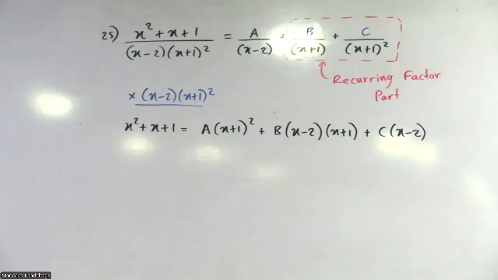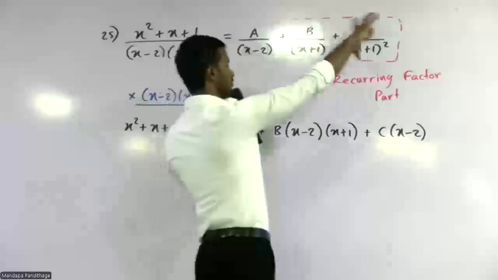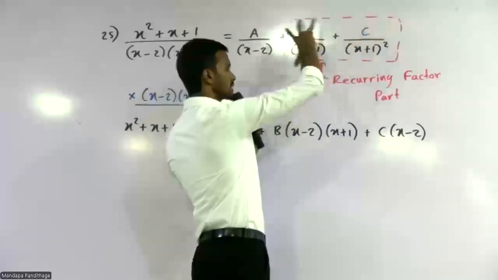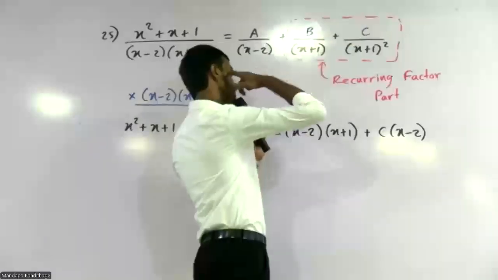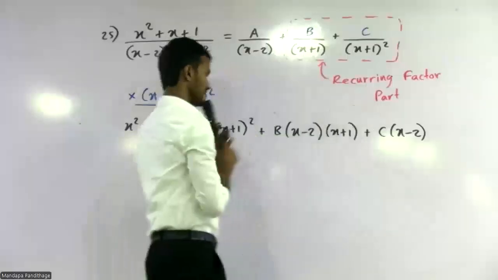Then write the example number 25. So when we are having x plus 1 squared, we have to write x plus 1 and x plus 1 squared both. If it is a cube, we have to write 3. Then show that this is the recurring factor part.